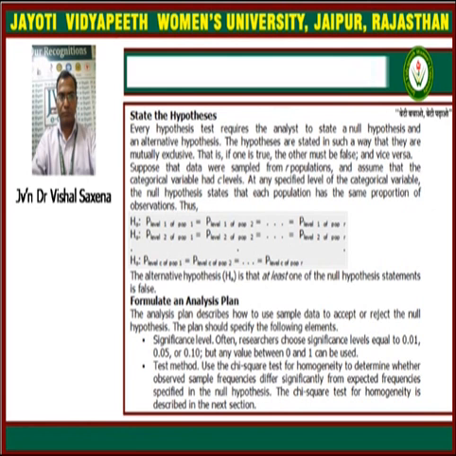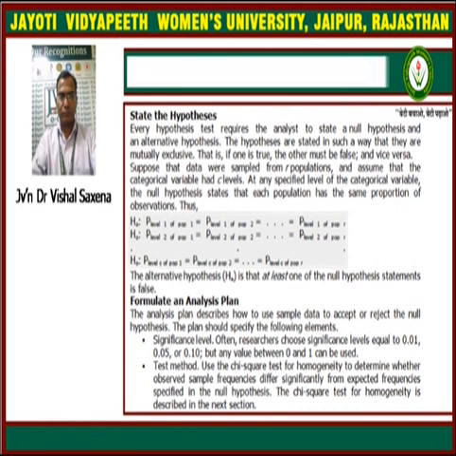Formulate an analysis plan. We have to apply our plan of analysis for this test, and for this we will take our level of significance, that means 0.01, 0.05 or 0.10.